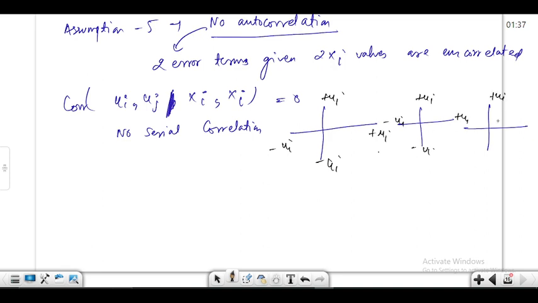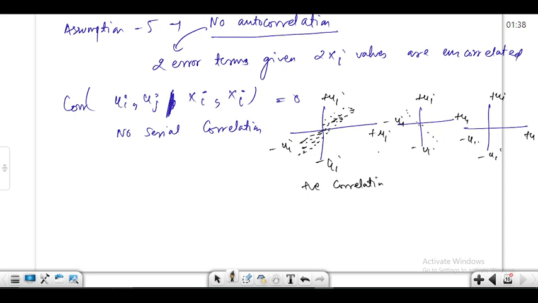This graph is representing a positive correlation between the two error terms.